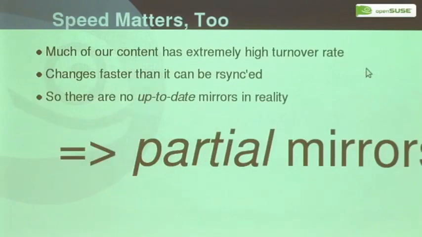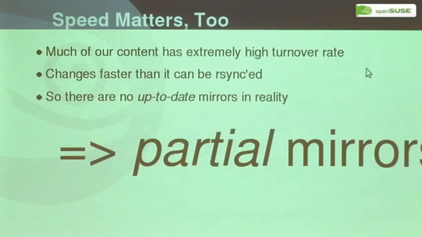And if that wasn't enough, our content also has an extremely high turnover rate, because it's not a tree that's released 3 times a year. Because we have a build service and security updates, they are released basically all the time. Could be every few minutes that new packages turn up.